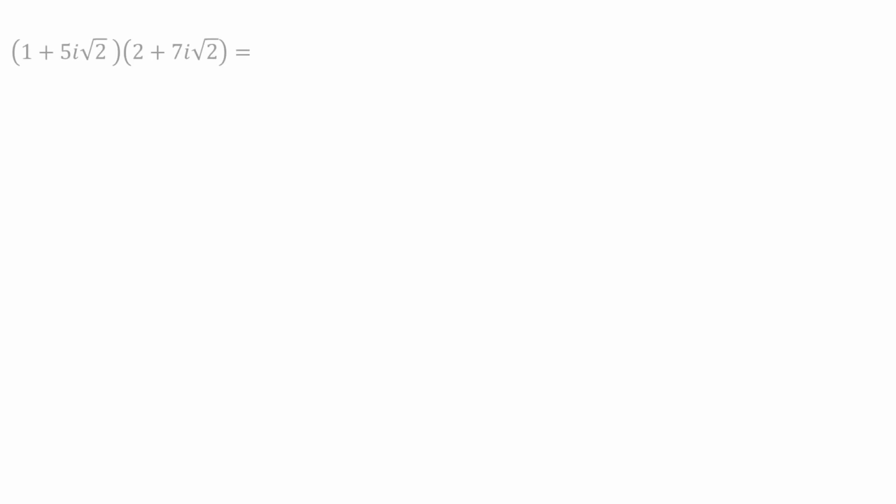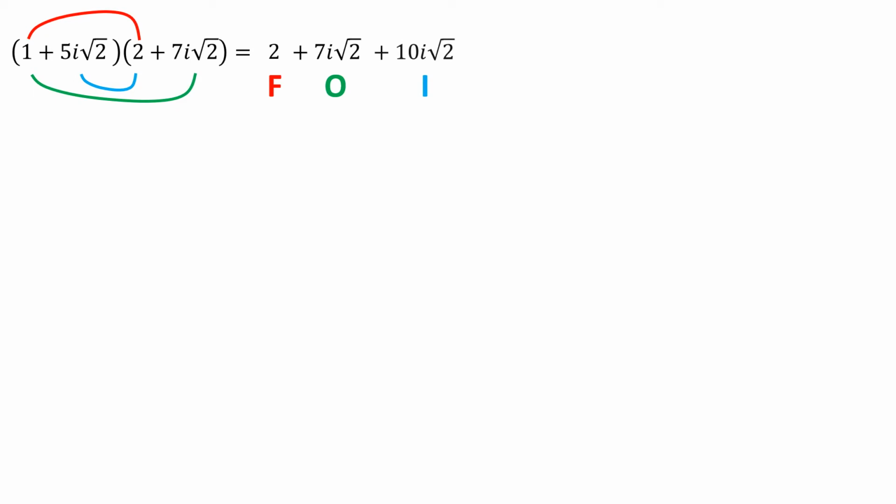Try another example. Again, first, outer, inner. Now, on last, I'm going to show you the other way I could have done this, right? Instead of doing square root of 2 squared, I said, hey, square root of 2 times square root of 2 is going to be square root of 4. Right, so this is the other method I can use.